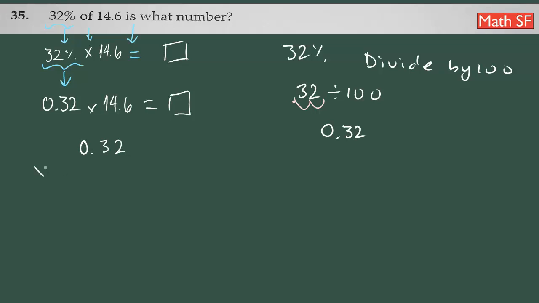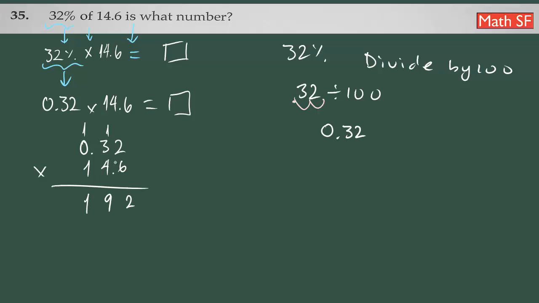0.32 times 14.6. Do we need to align them? No. 6 times 2 is 12, carry 1. 6 times 3 is 18, so plus 1 will be 19, and carry 1. 6 times 0 is 0, plus 1, 9.